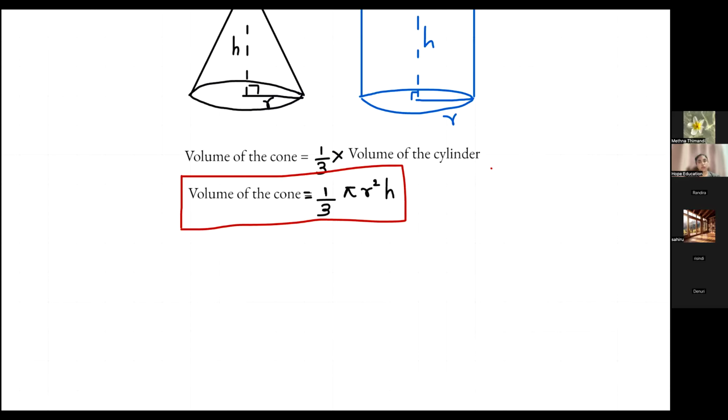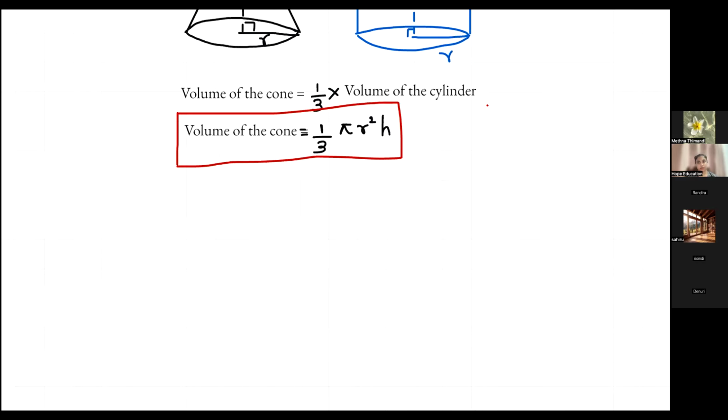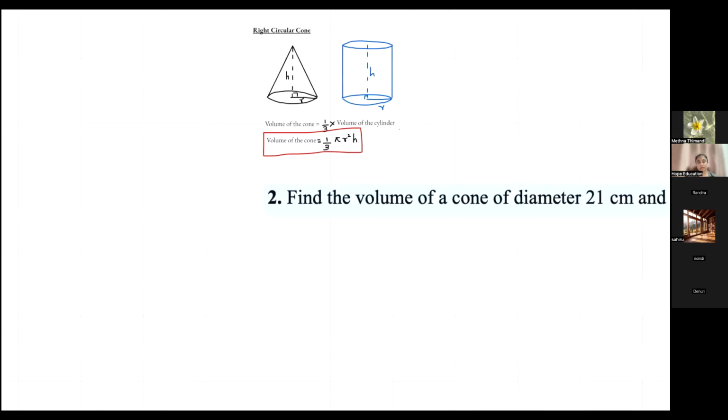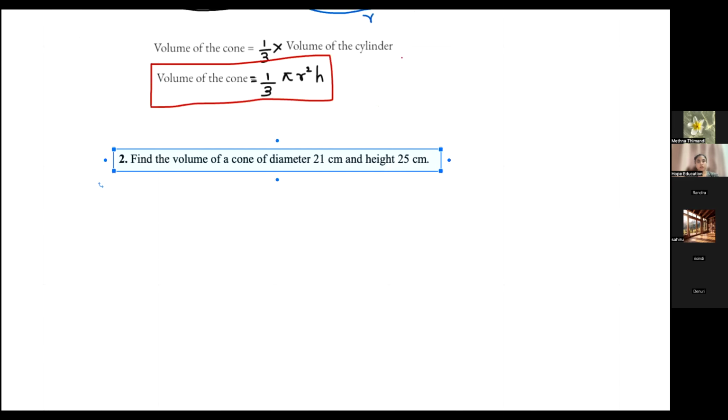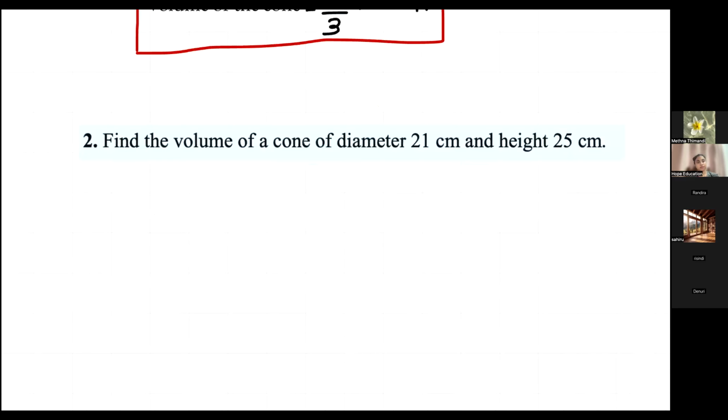Can you do exercise 5.2, second question? This is exercise 5.2. Second question. Quickly do this.